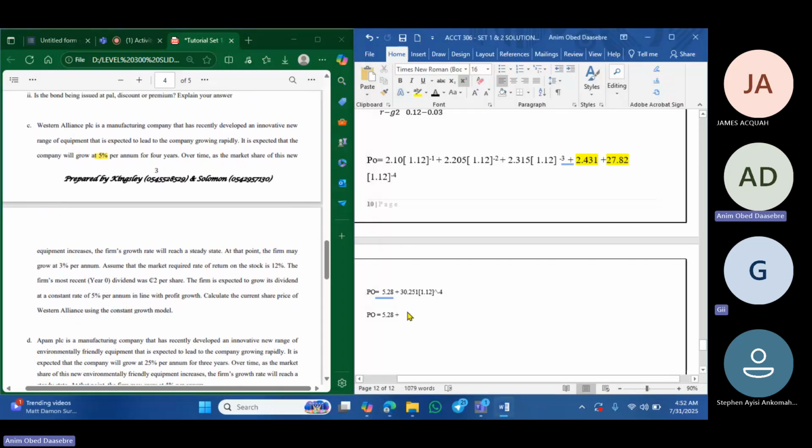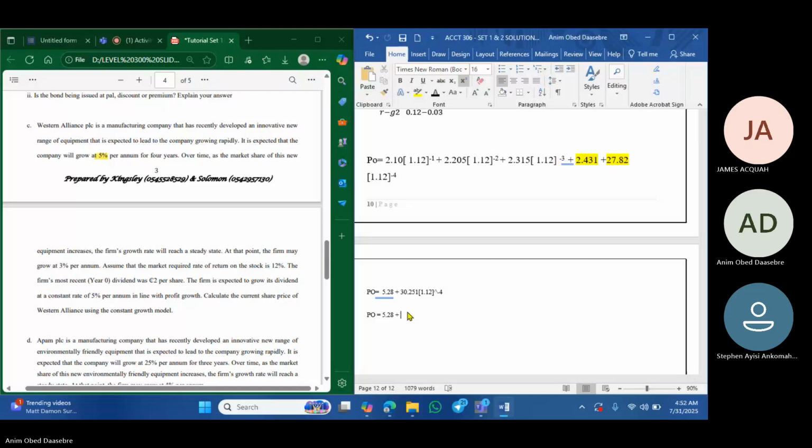You have wasted too much time on this question. So when you find the remaining two, the fourth year, when you discount it, you are going to get 19.22.